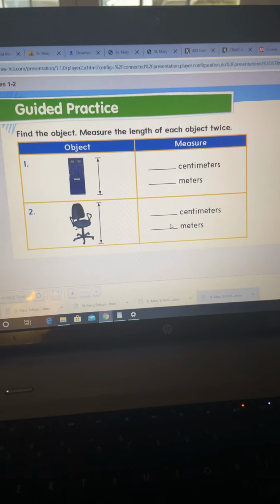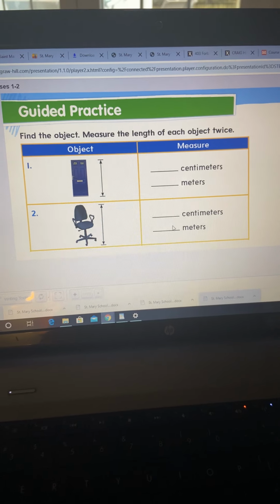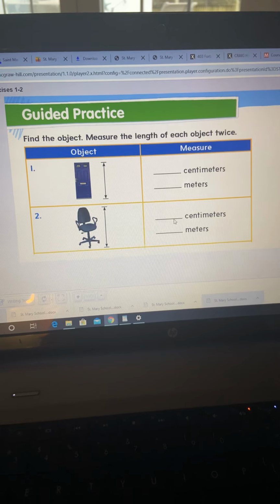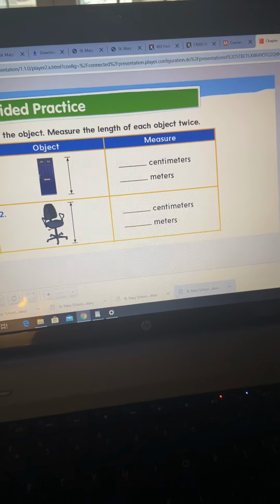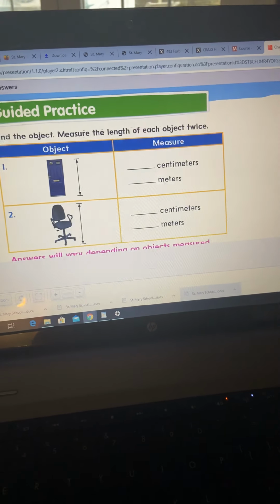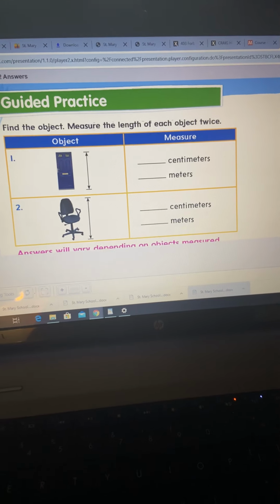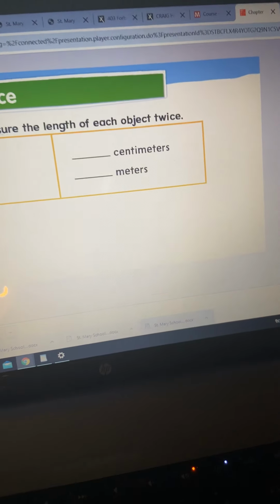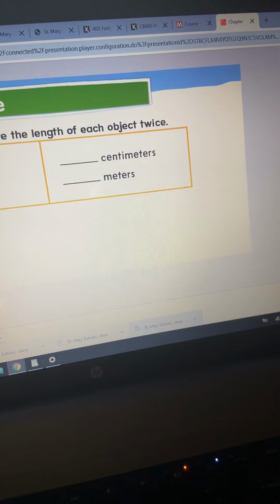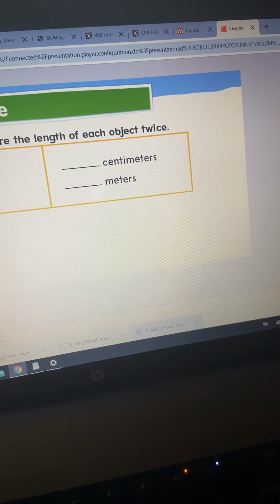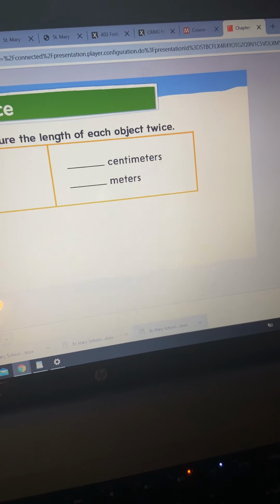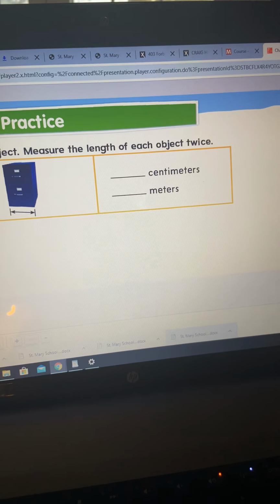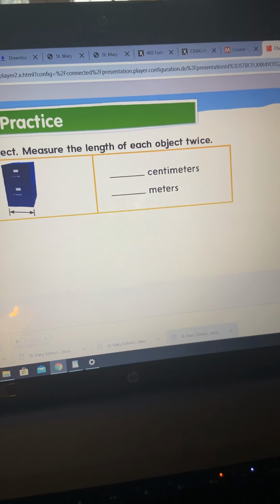If our chair was 2 meters tall, that would be 200 centimeters. All right? If we measured our filing cabinet, let's say it was 200 centimeters wide, that would be 2 meters. If it was 100 centimeters wide, that would be 1 meter.